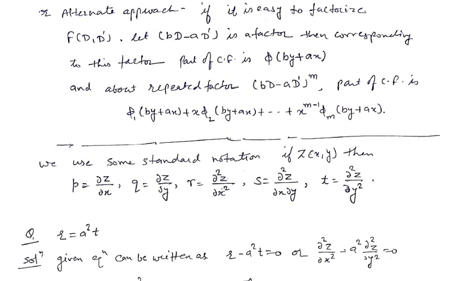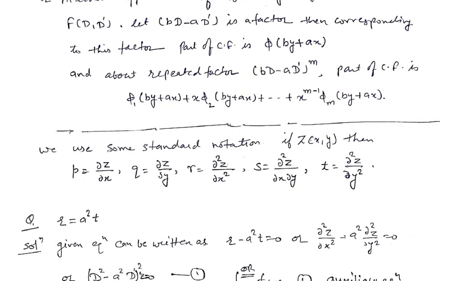Small r represents del 2z upon del x square, the second order partial derivative of z with respect to x. S represents the second order partial derivative of z with respect to x and y, del 2z upon del x del y. Similarly, t is del 2z upon del y square. These are some standard notations we will use. So let's try some problems.